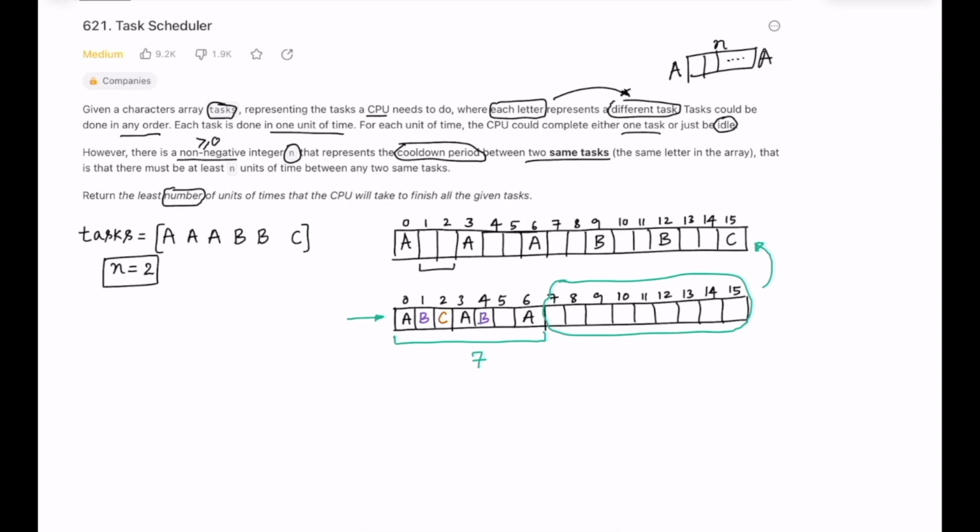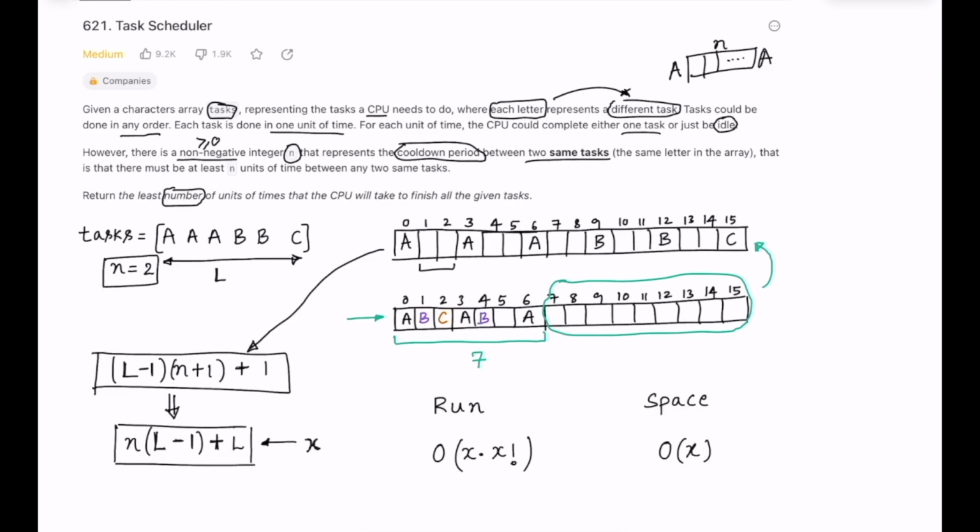And the runtime and space complexity of this brute force approach is, let L be the length of the input tasks array, and the length of the order we started with is this, where L is the length of the tasks, minus 1 because we don't need to add a cooldown period for the last task, multiplied by n plus 1.